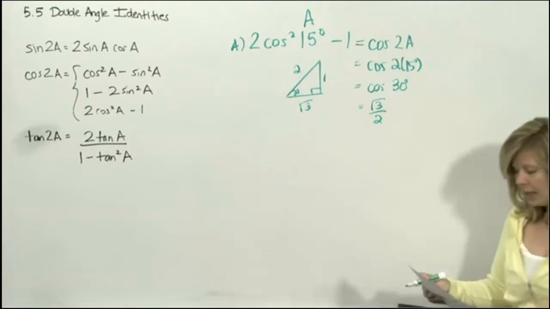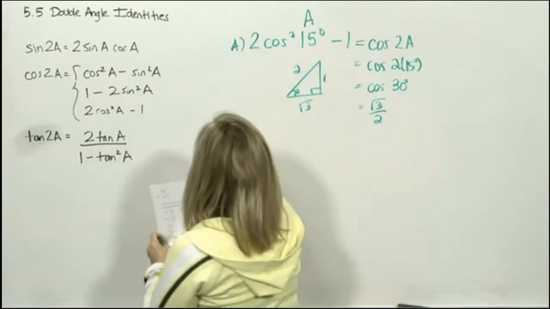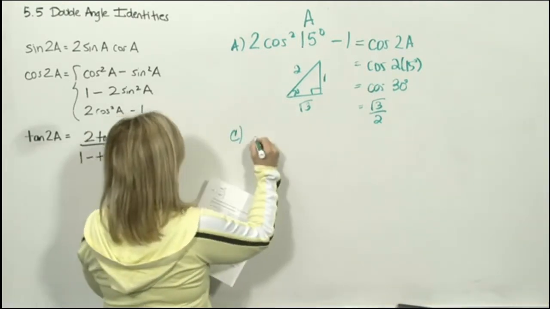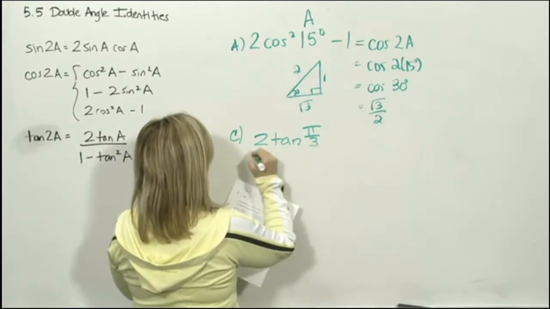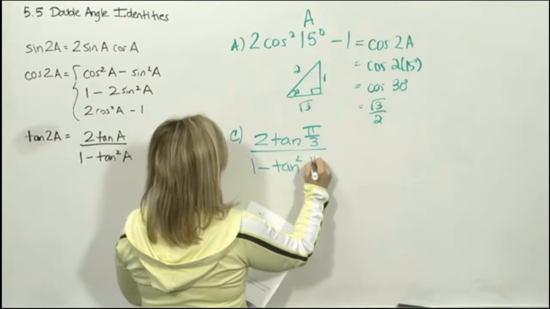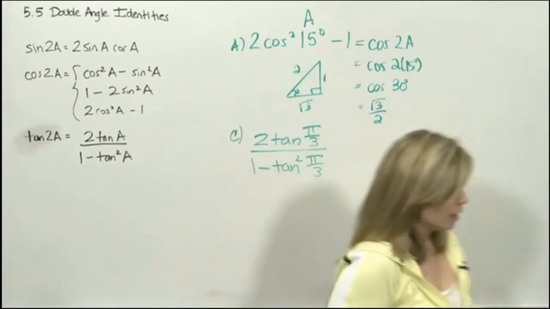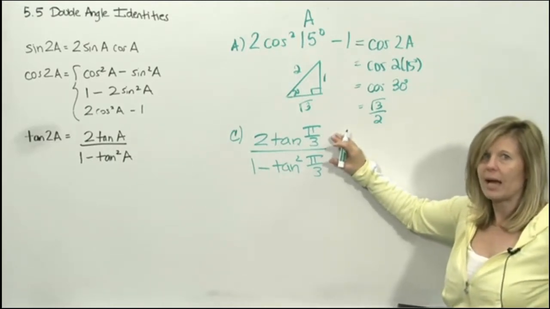Okay? Let's go in your notes to 1C. Let's look at that one. So 1C says, without a calculator, look up 2 tangent pi over 3 over 1 minus tangent squared pi over 3. Again, I want to look the value of this expression up without a calculator.